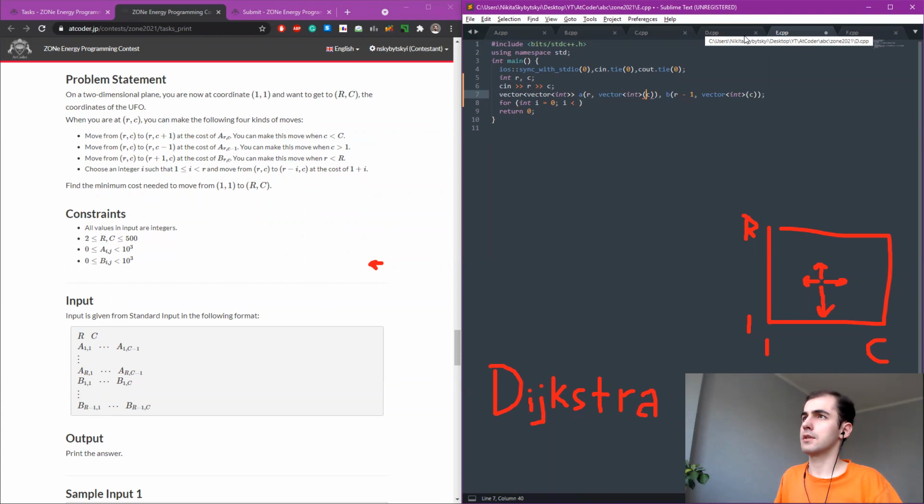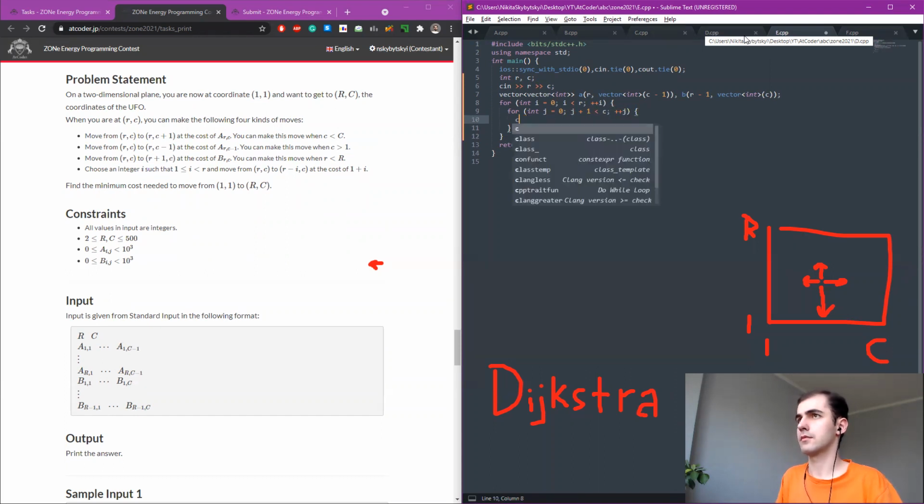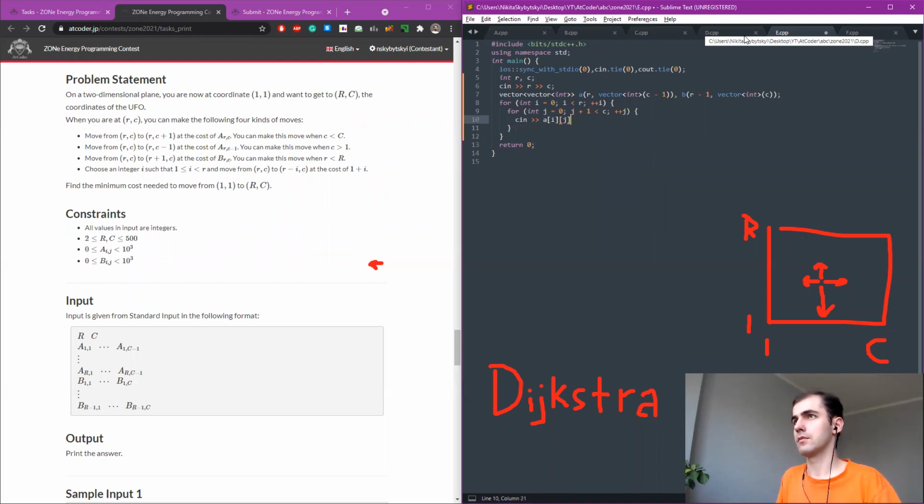Matrix A is one similar. So G plus 1 has to be at most C. Here R plus 1 should be at most I.